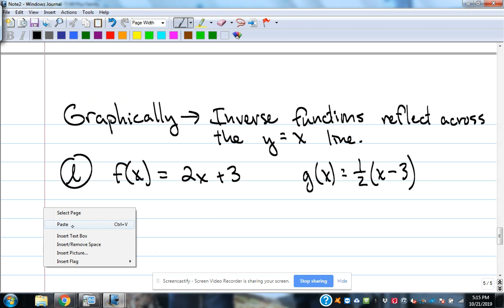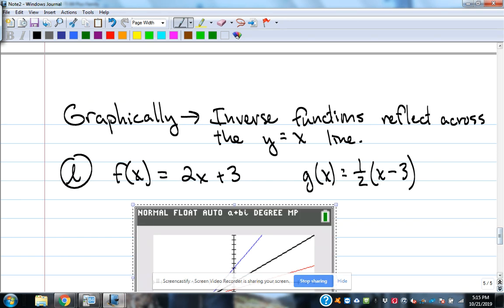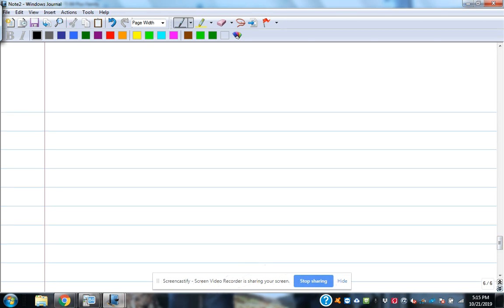All right, let's look at one that's maybe not quite as wonderful. So f of x, let's do x plus 4 squared.